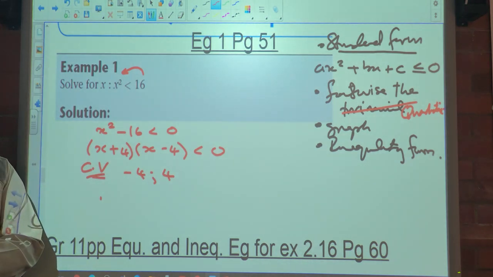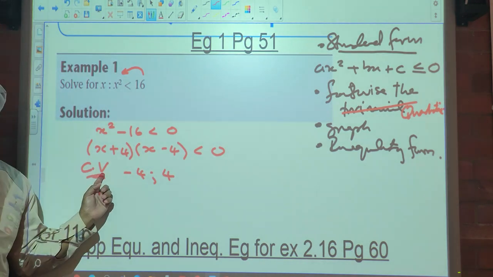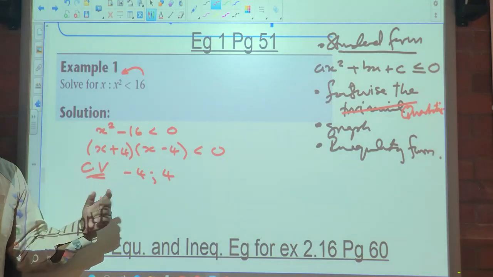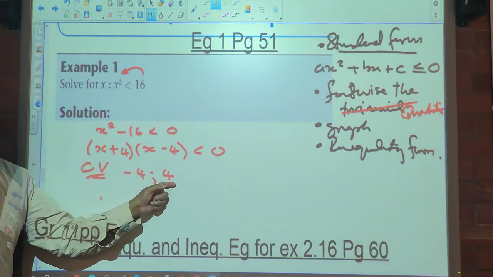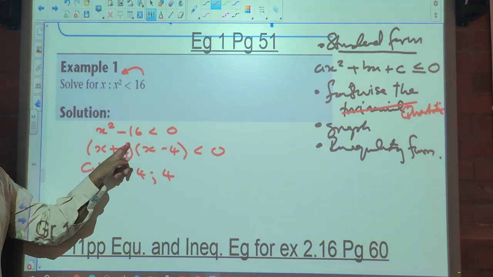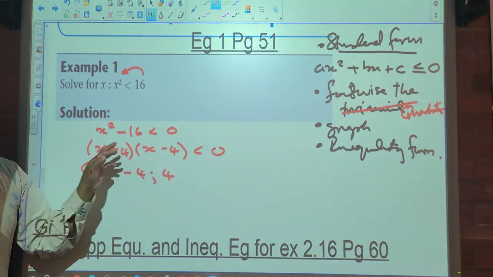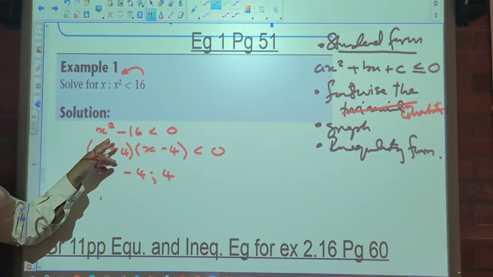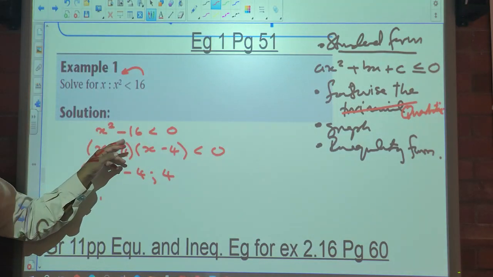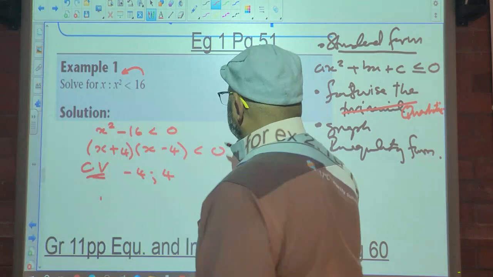Can you see that, people? So what do I say? The critical values, or the 0 values, are at -4 and 4. So if I solve this product, and I solve that product. People, what does this remind you of? Okay, let's just take one step back.